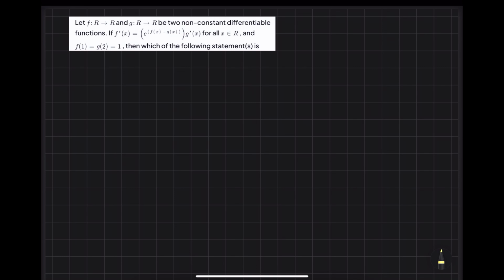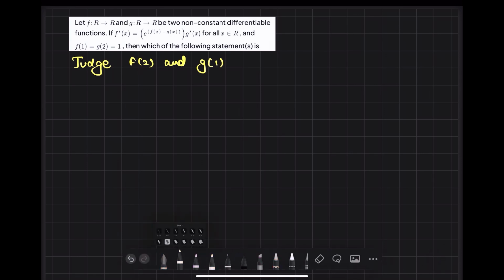Okay, so in this part we have to judge f of 2 and g of 1. These two things we have to judge. Now look at this, how we will approach this question. So first, just segregate things.